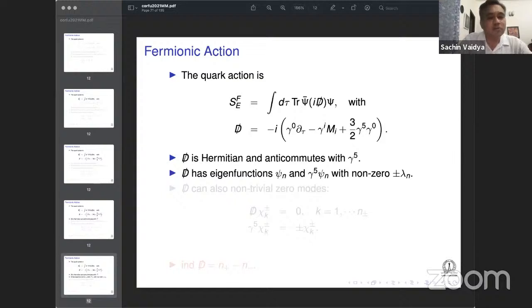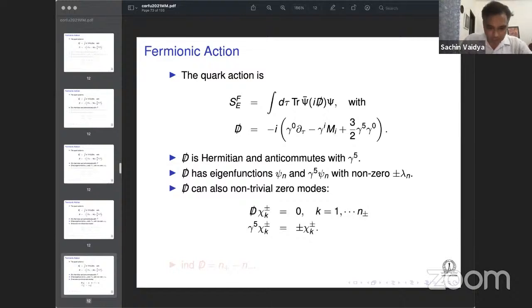So you can look for its eigenvalues and eigenfunctions, and the non-zero ones come in pairs. If lambda is the eigenvalue of psi, then minus lambda is the eigenvalue of gamma 5 psi. So this is for the non-zero ones. There are in fact also non-trivial zero modes. There can be a bunch of them.